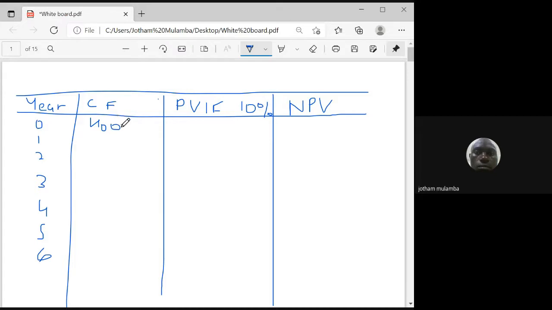As usual, for year 0 it's negative because that's the year we are investing. We don't expect to start a business and start getting returns immediately. Then year 1 is 13,000, then 8,000.